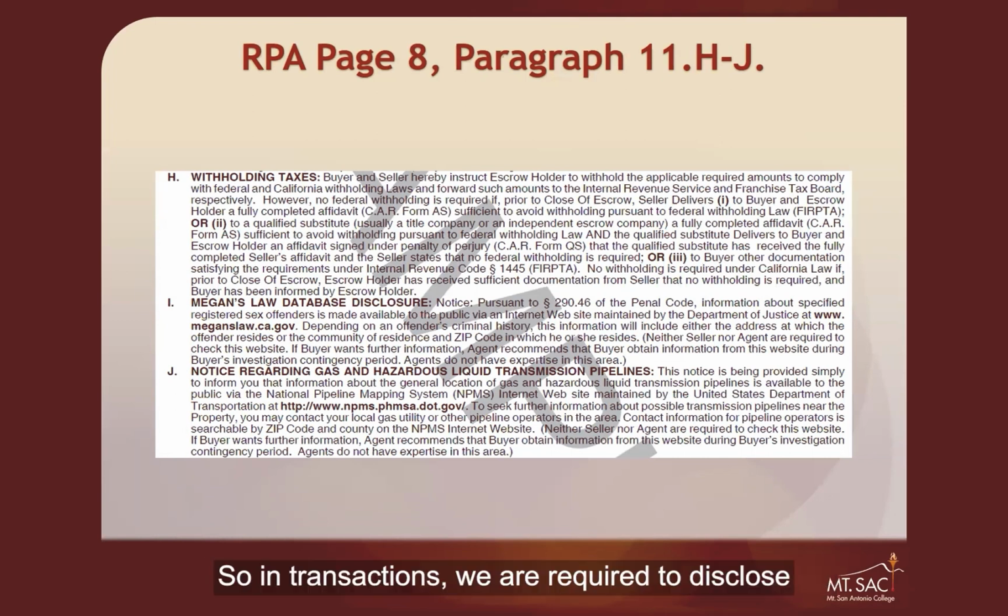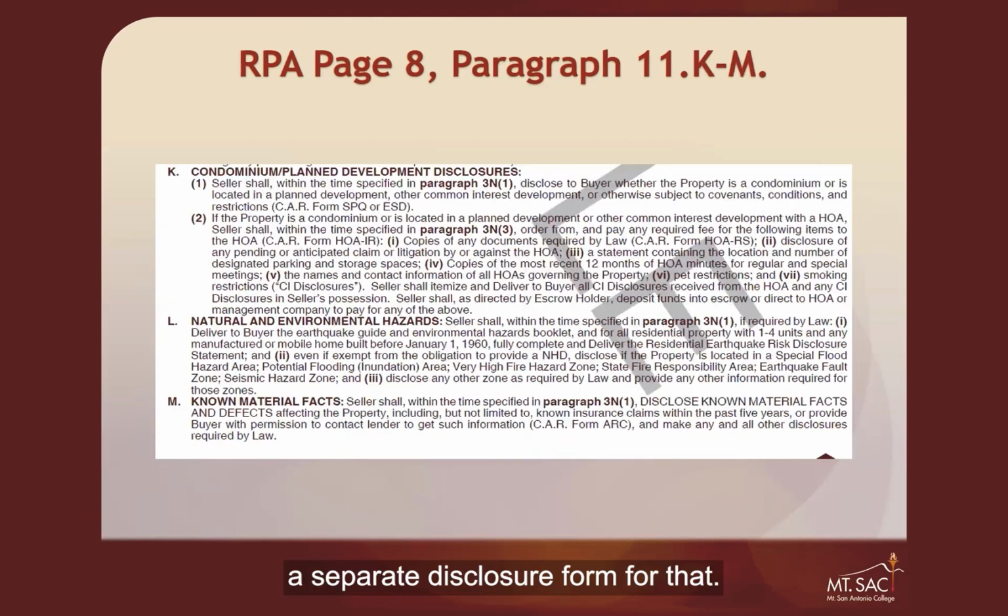Right? So in transactions, we're required to disclose the website for the Megan's Law database and for gas and hazardous liquid transmission pipelines. Since that notification is required in all transactions, it's put right here into the contract, so we don't have to have a separate disclosure form for that.